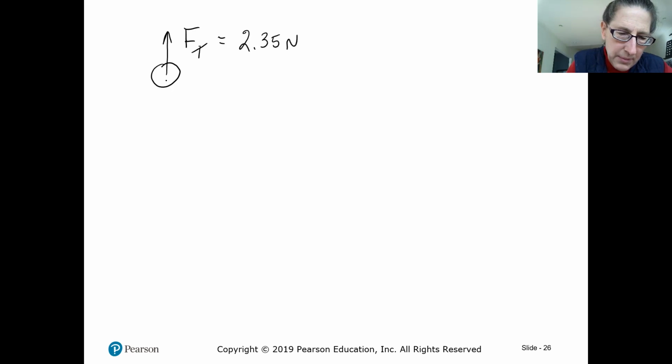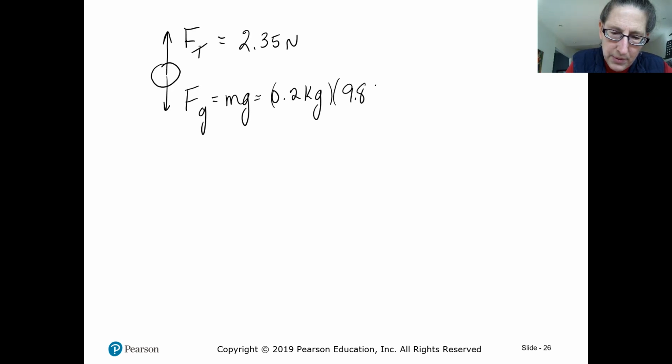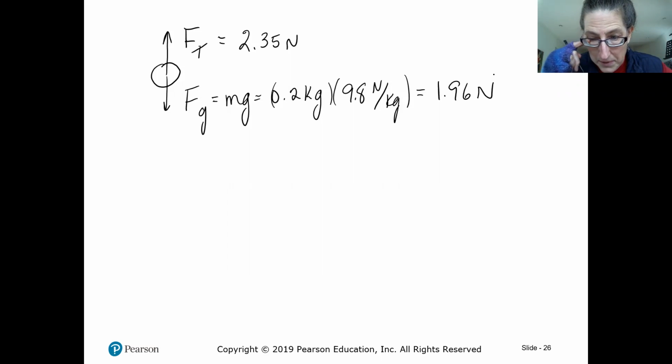So that's trying to speed it up, but it's got the force of gravity, which is trying to slow it down, which is mg. The mass was 200 grams, so that's 0.2 kilograms times 9.8 newtons per kilogram. So that's 1.96 newtons.